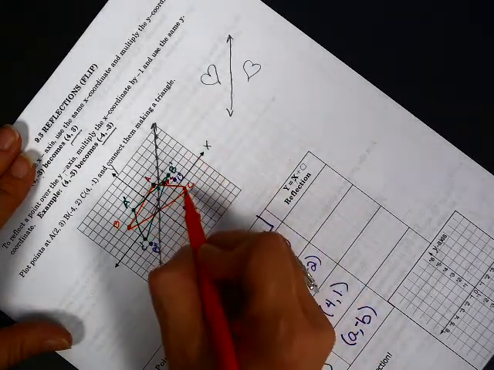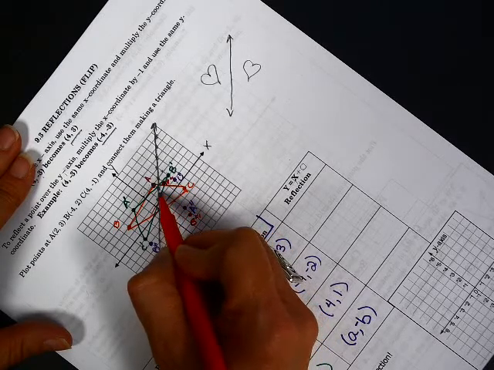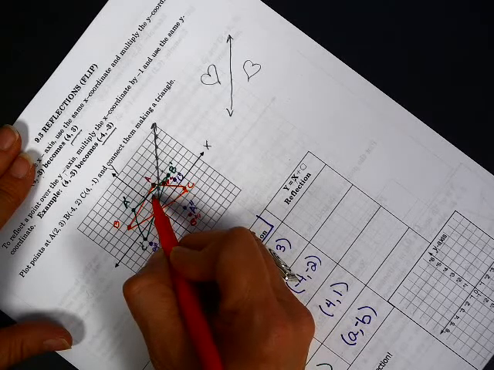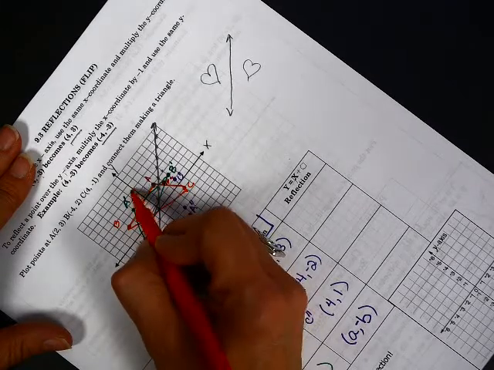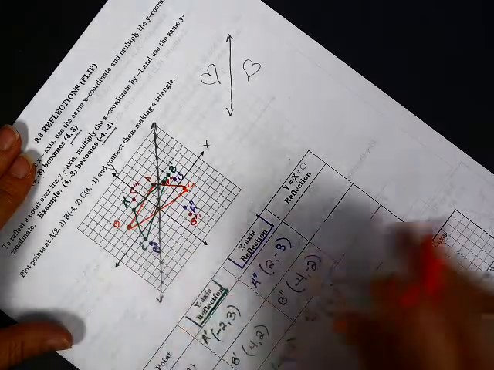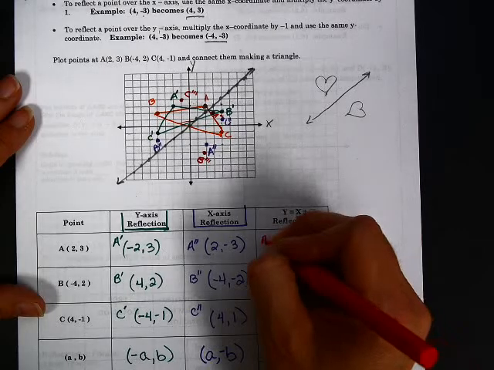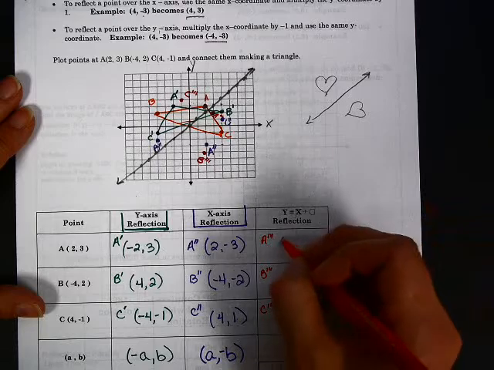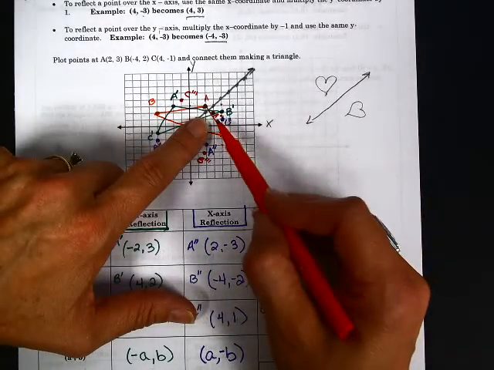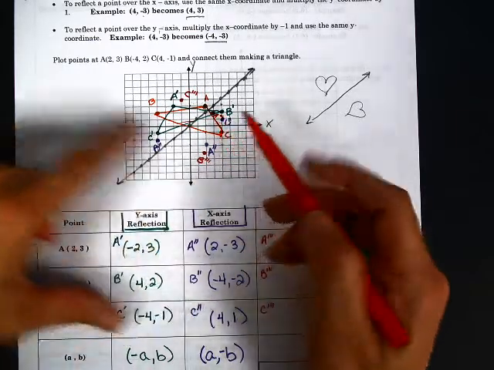And then here's point C right here. I'm going to go 1, 2 1/2 to the line of reflection. Then I'm going to go 1/2, 1, 2 to the other side. And there's my C triple prime. All right, now let's write down the locations of A, B, and C triple prime. A triple prime right here is at 1, 2, 3, 1, 2.